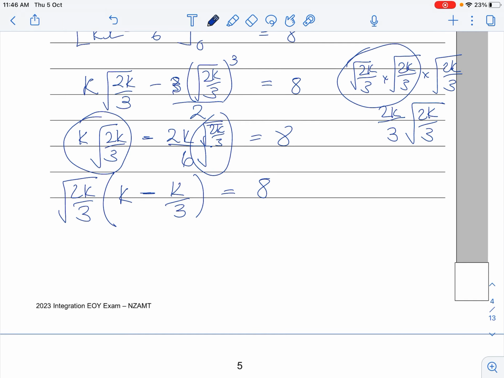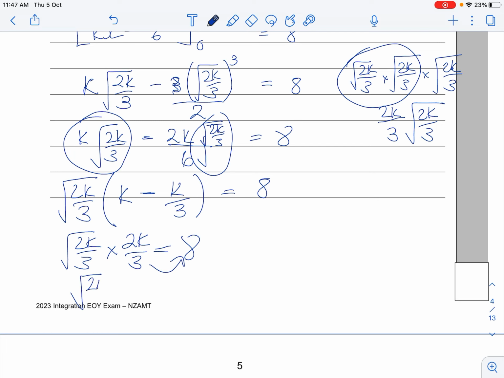All right. So k minus k over 3 is 2k over 3. So we're multiplying it, so simplify it. Okay, so now we're going to times by 3 and divide by 2k.